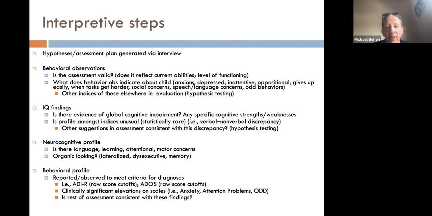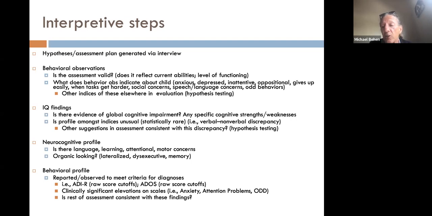The reason that's so important is because it tells us how reliable the assessment data are. Is the assessment reliable? Did we get a good picture of how the child is presently functioning in the world? Some of the problems that precipitate an assessment are some of the same problems that can interfere with its reliability.